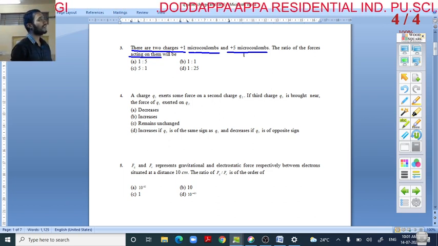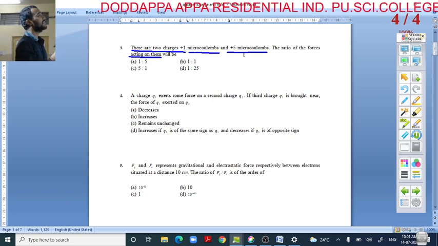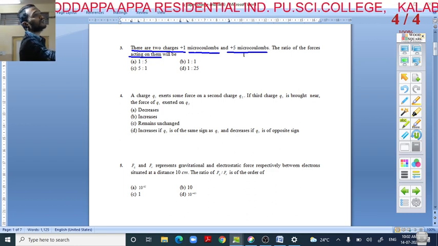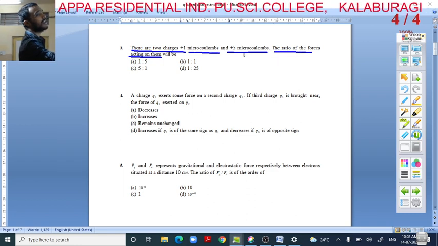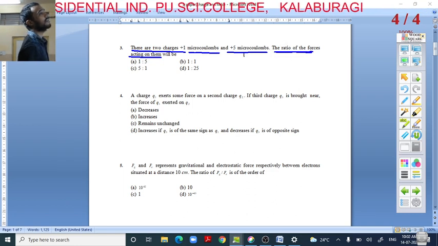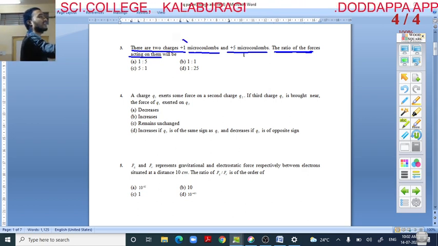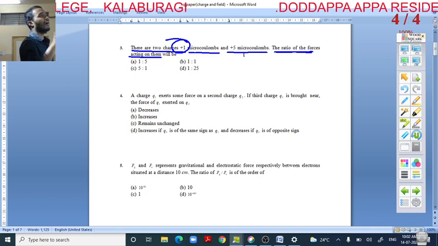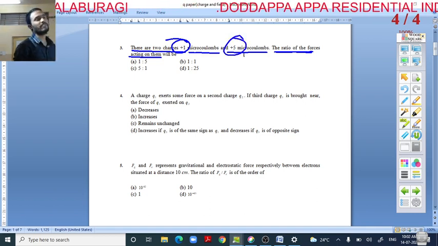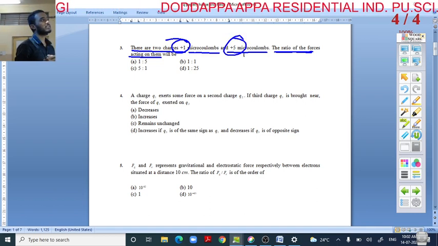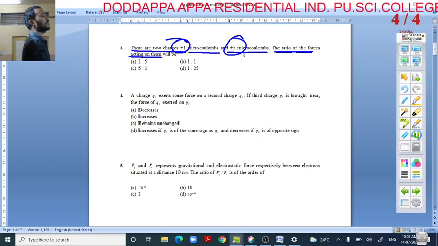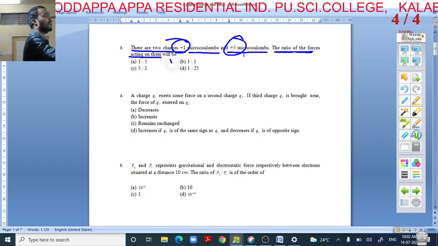You should know that, try to understand what he has given, the ratio of force acting on them. Two charges plus 1 microcoulomb and plus 5 microcoulomb. Yes, it is very clear that the ratio will be 1:1 only.